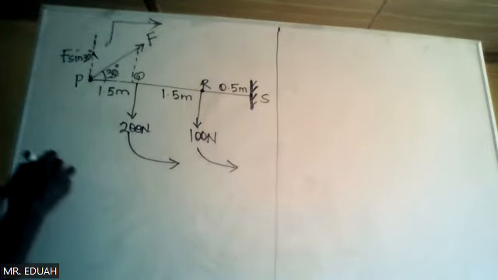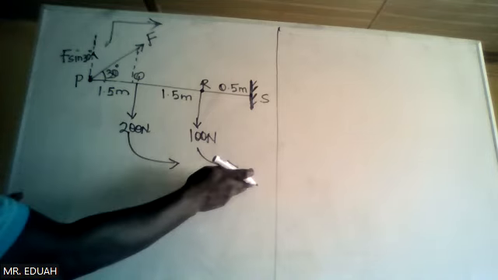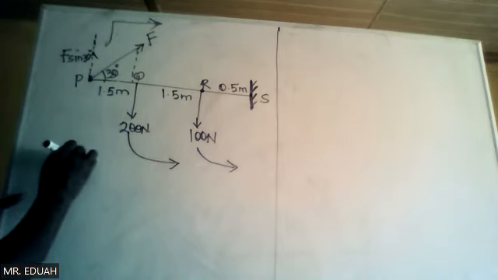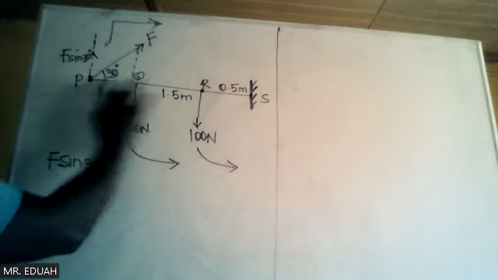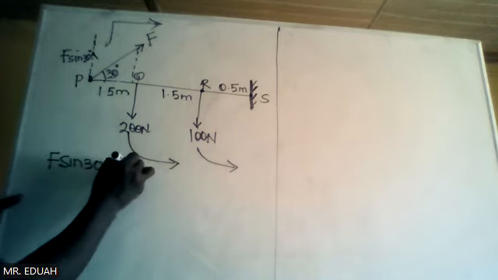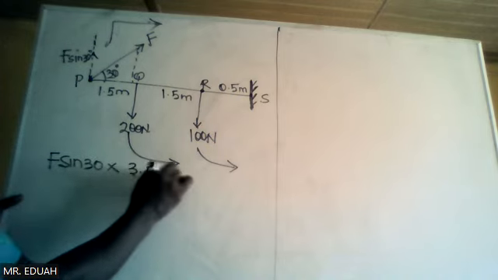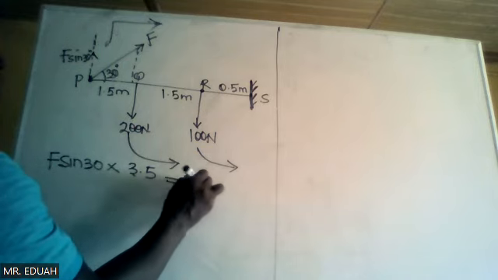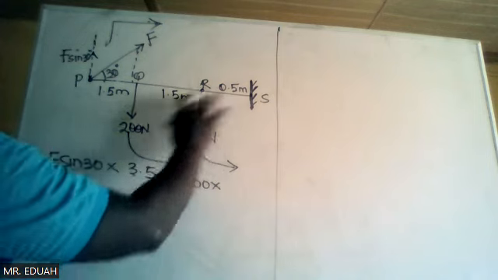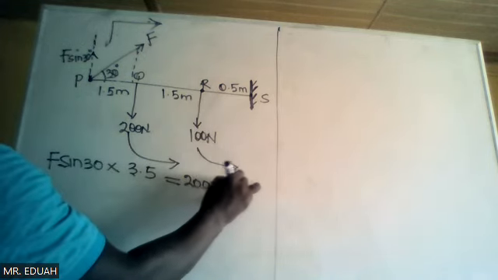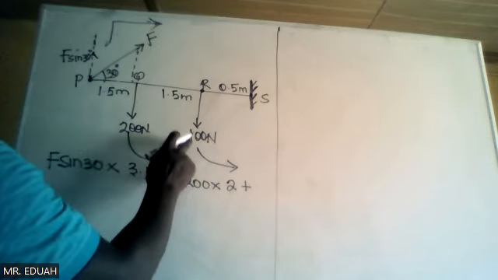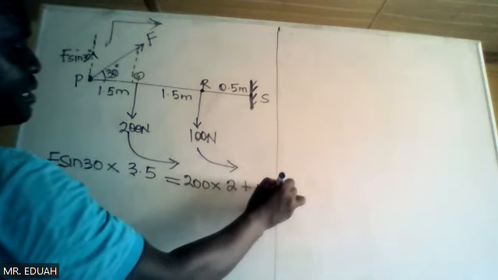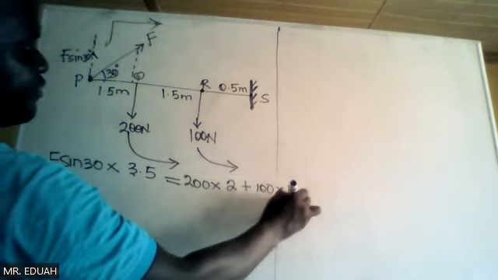So let's equate our clockwise moment to the sum of the anti-clockwise moments. So F sine of 30 times the perpendicular distance, which will be 3.5, must be equal to the sum of the anti-clockwise moments, which is 200 by 2 plus 100 times 0.5, which is half.